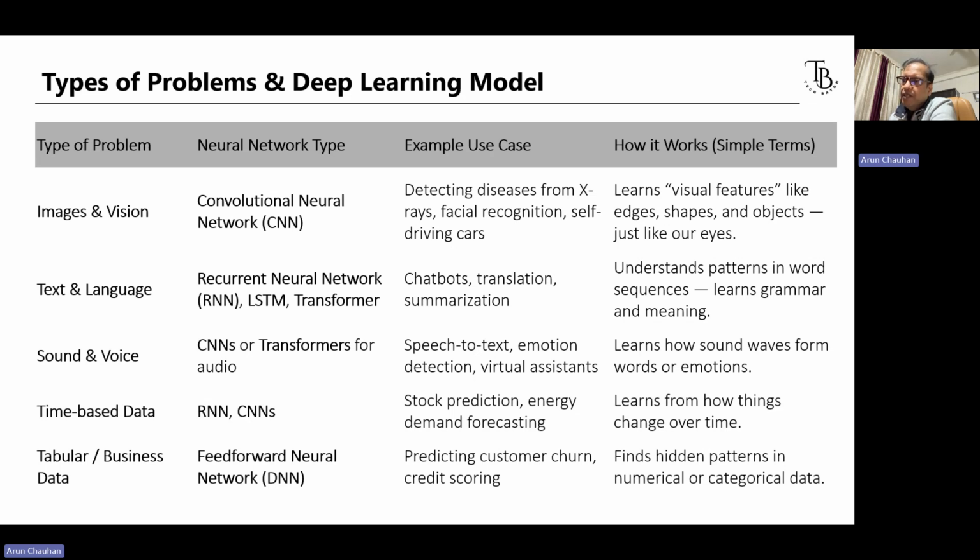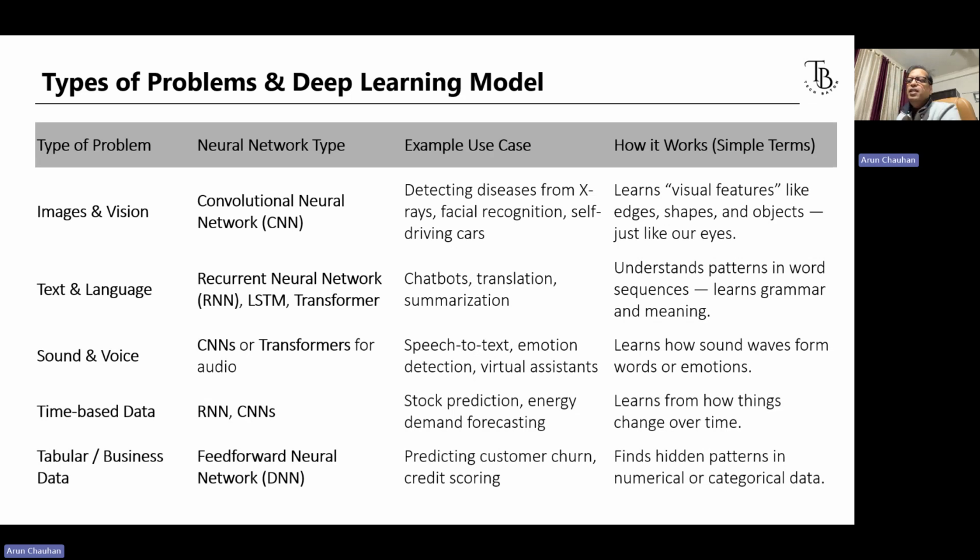These are examples where you use images and vision to take a decision. It works on different visual features, trying to understand the edges, the shapes, the objects, just like the way humans process patterns using their eyes. So here CNN comes into the picture.